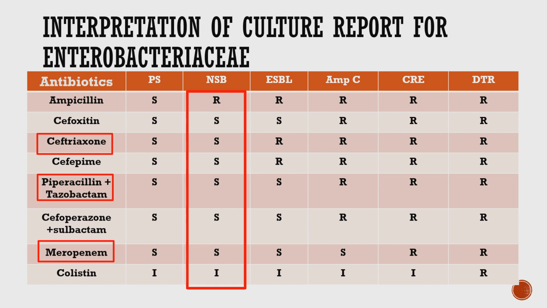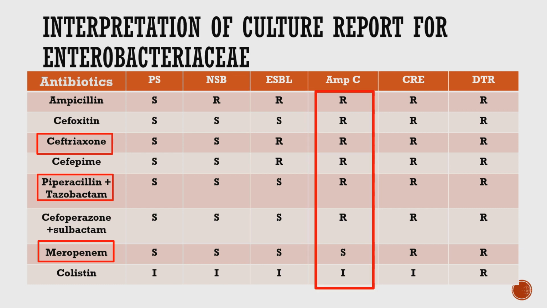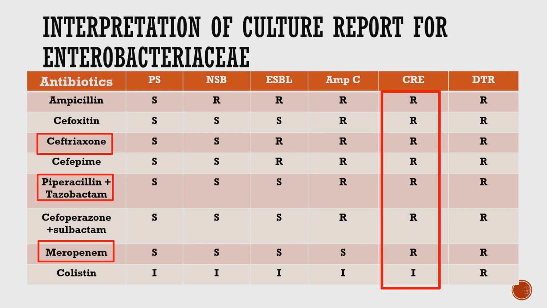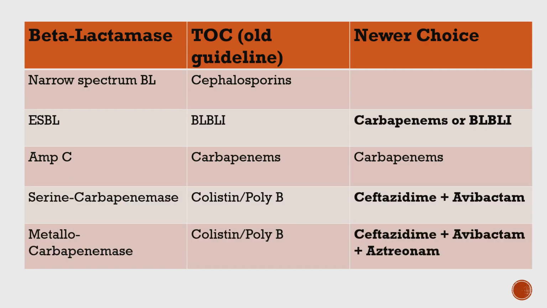If there is resistance to ampicillin, it is a case of narrow-spectrum beta-lactamase. If there is resistance to ceftriaxone but not to piperacillin-tazobactam, it is likely a case of extended-spectrum beta-lactamase. If there is resistance to ceftriaxone as well as piperacillin-tazobactam, but not meropenem, it is likely a case of AmpC-type beta-lactamase. And if there is resistance to meropenem, it is likely a case of carbapenemase resistance. So by looking at this resistance pattern, we can select the appropriate antibiotic.